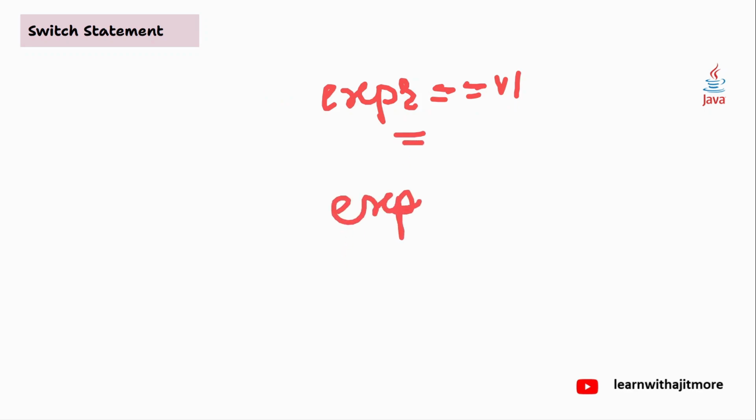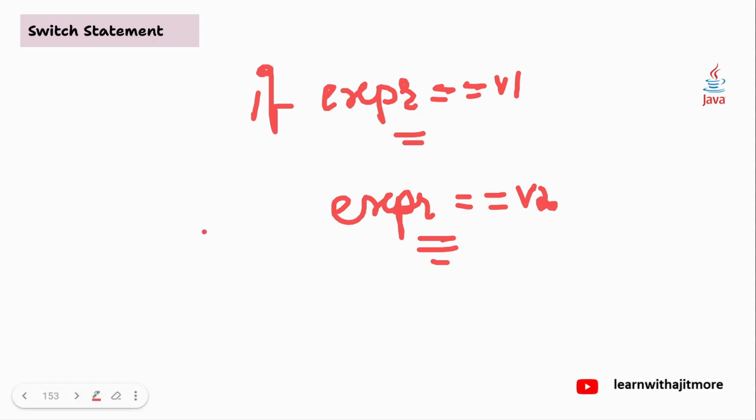Otherwise, if the expression is matching with some other value, then you want to perform some other statement. Getting? You are running these code blocks selectively. So every time you have to write: if expression is value 1, run this; else if expression is equal to value 2, then run this; else if expression equal to value 3, then run this.